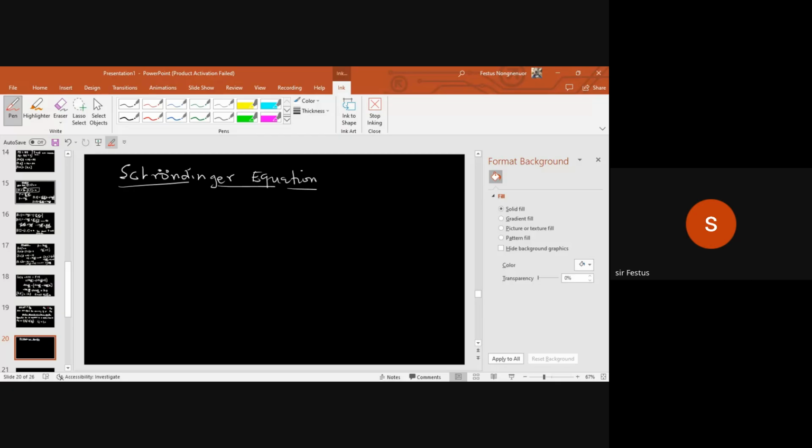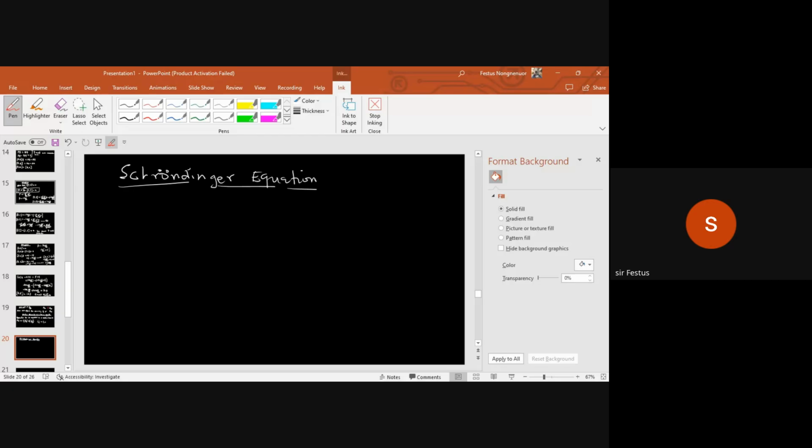Okay, so let's write something small under this. We can say that the Schrödinger equation is the total energy of a body. Let's take it from the kinetic energy point of view.